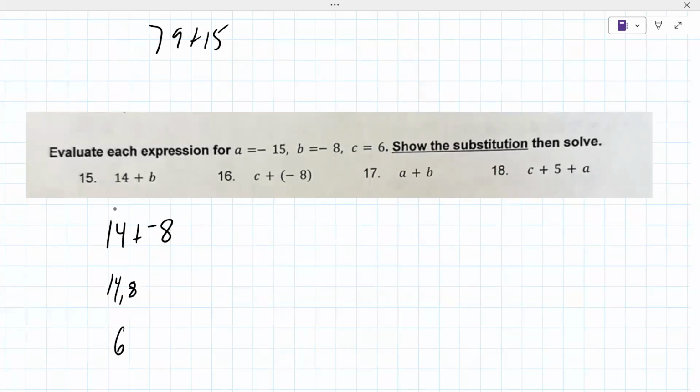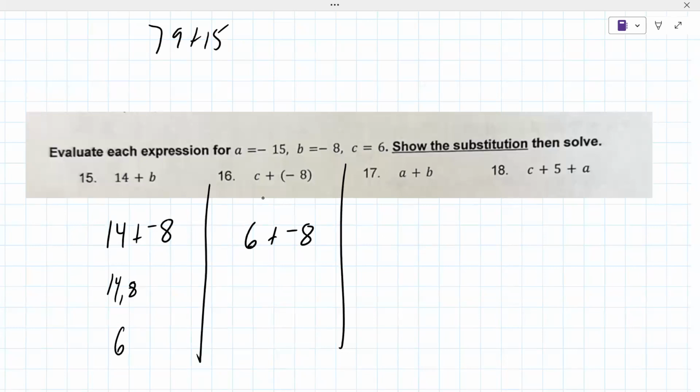Okay, good. So for 16, it is 6 plus negative 8. The negative 8 is further from 0, so the answer is negative 2.